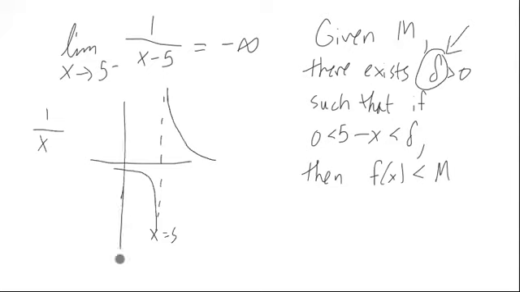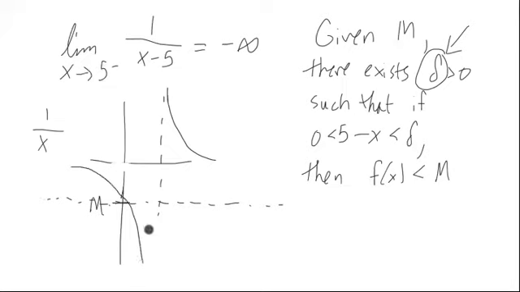Now, given m, instead of epsilon, we're just going to pick a point m here and draw a line. For the sake of our picture, with the lines being so close together, I'm just going to emphasize things a little bit so we can see what's happening.